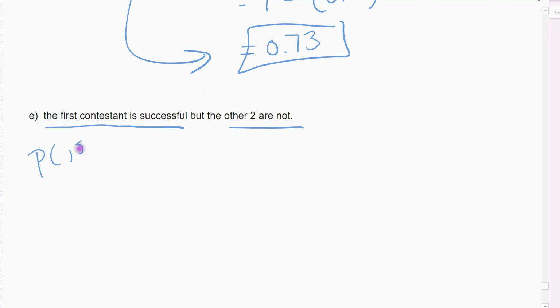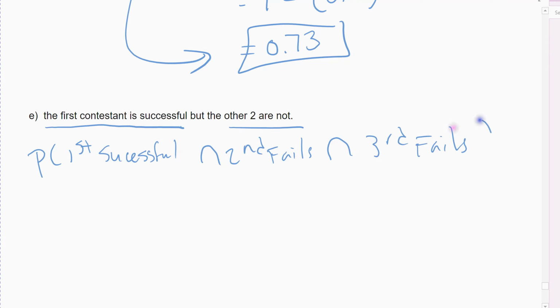What's the probability the first guy will make it and the second guy misses and the third guy misses? Again, I can multiply because they're independent events. So the probability the first guy is successful times the probability the second guy is not times the probability the third guy is not.